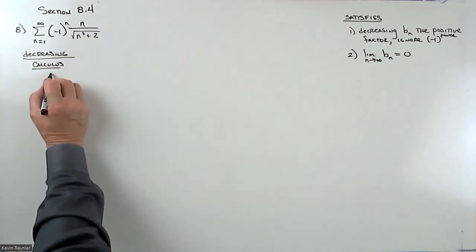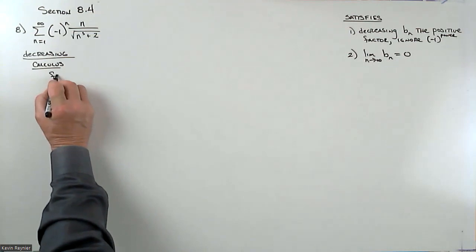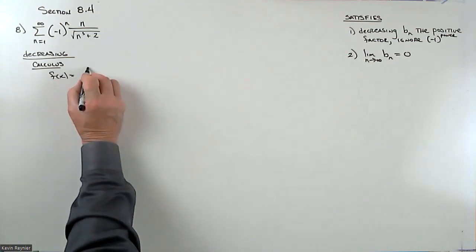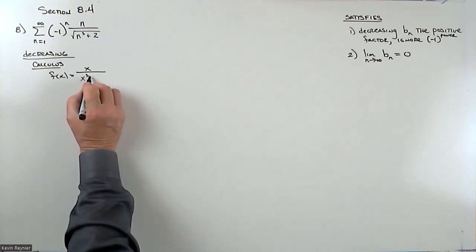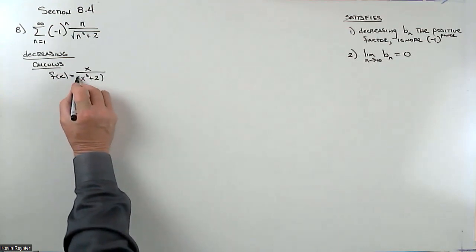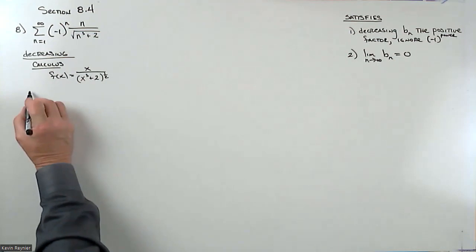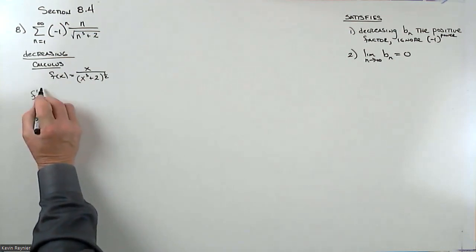So we say f of x equals x over (x cubed plus 2) to the 1/2, and we're going to find f prime of x.